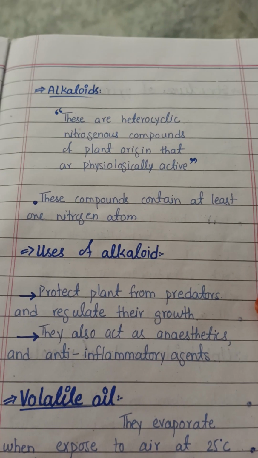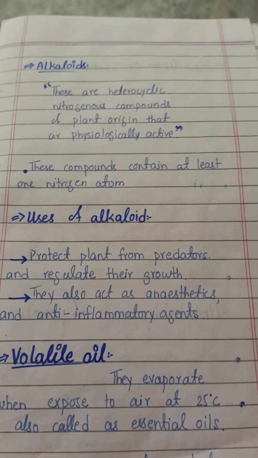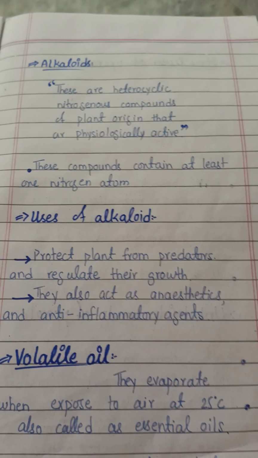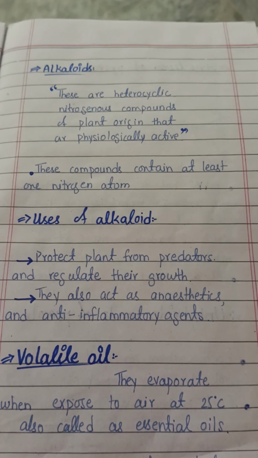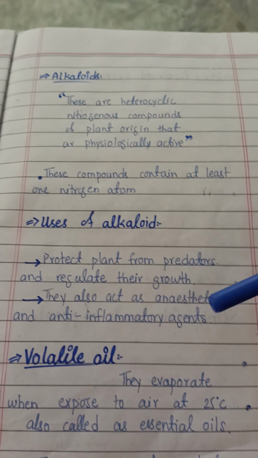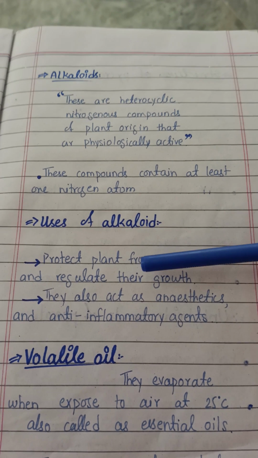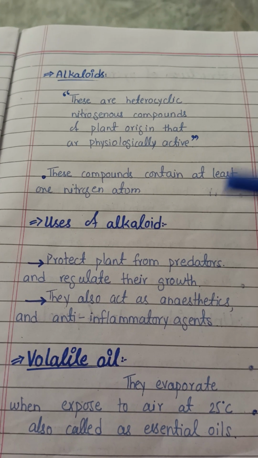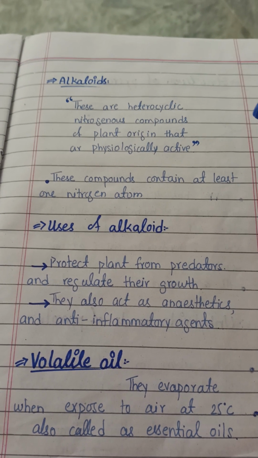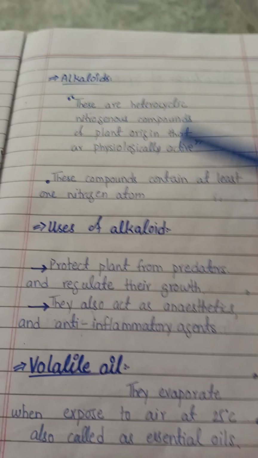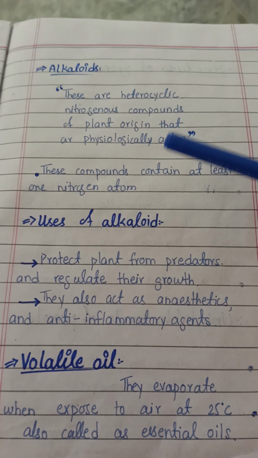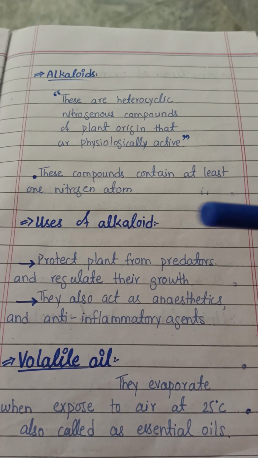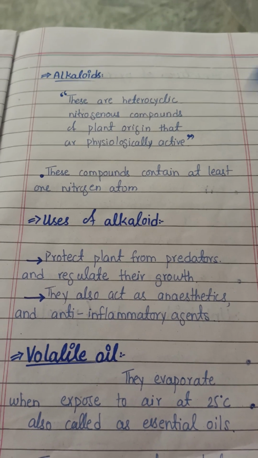Their uses are that they protect the plant from predators, they act as anti-inflammatory agents and analgesic agents, and they also play an important role in the regulation of growth of various plants. So the major source and origin of alkaloids is plants. These alkaloids are also used in the formation of various medicines.